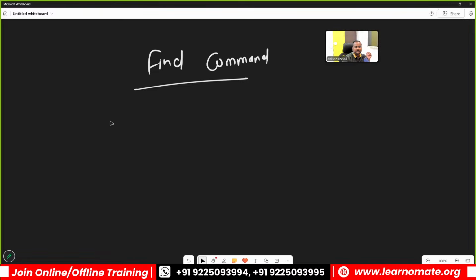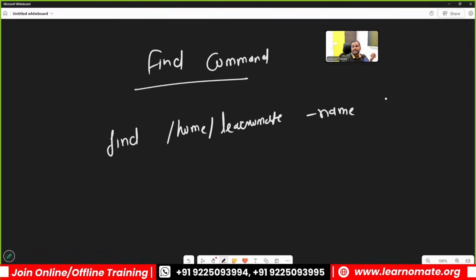So how to find? Let's say find is the command. Where do you want to find? I want to find it under the /home/Learnomate location, with hyphen name. What is the file name? I want to find a file with the name oracle.txt. I don't know the exact location, but I'm assuming that the file should be available in this particular location.